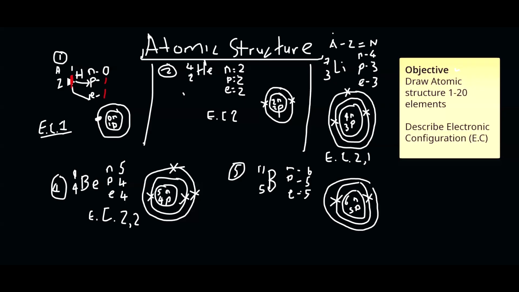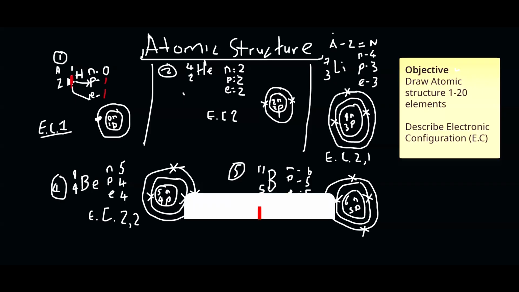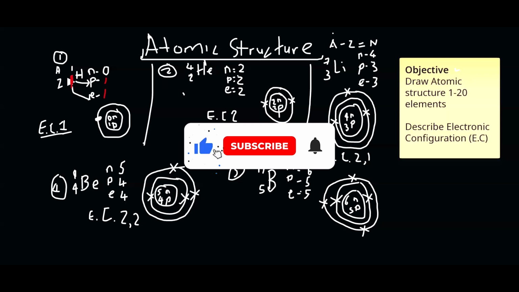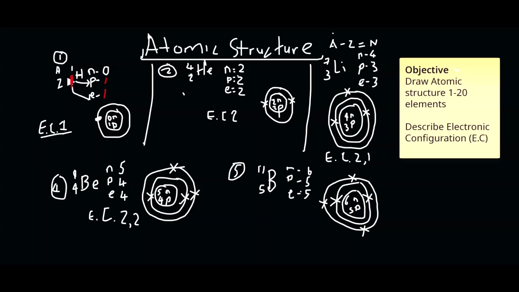Alright, so remember the second shell can hold a maximum of how much now? Not the second, the first shell can hold a maximum of 2. And the second shell can hold 8. And then remember when you count up all the electrons, they should be equal to the amount that you identified.